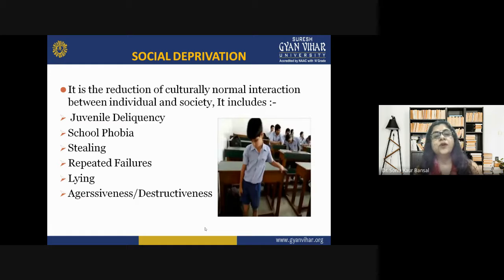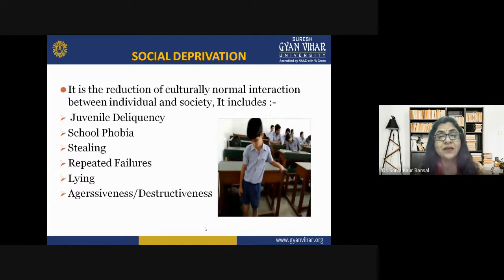Then let's talk about social deprivation. It is the reduction of culturally normal interaction between the individual and society. The child is not able to interact with other people in society in a normal way. It includes juvenile delinquency and school phobia, where the child is scared of going to school.